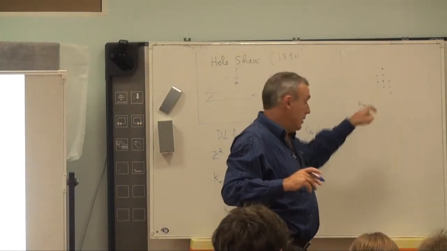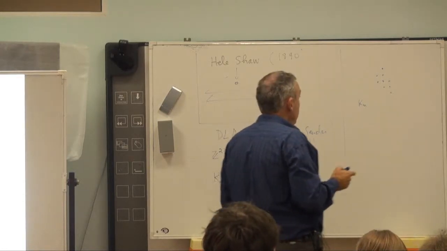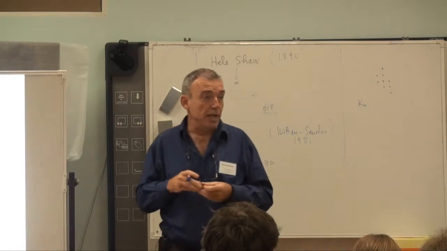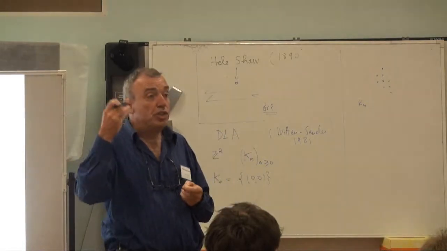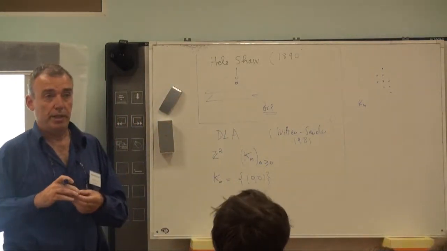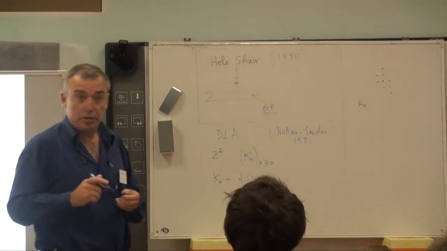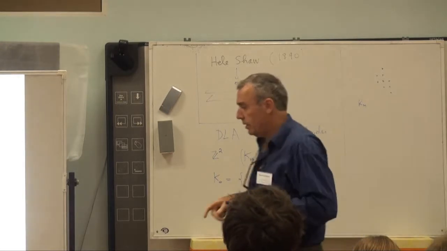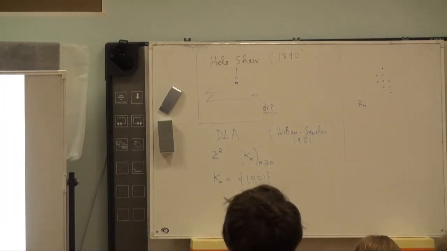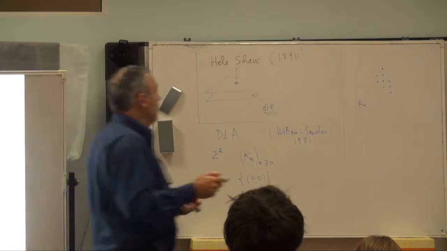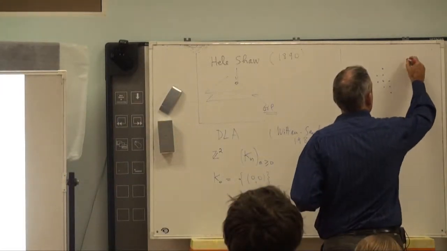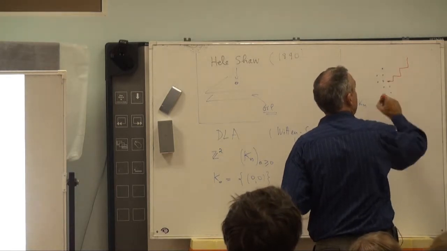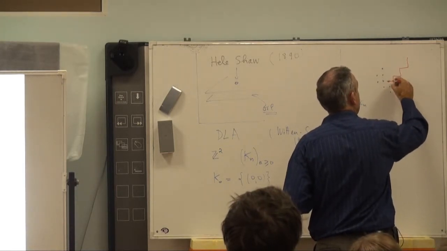When you do hit the existing cluster, we keep as a new point the point which is just before you have hit the cluster. So suppose, let's take another color, the random walk comes here and hits here. Then we add this as a new point.